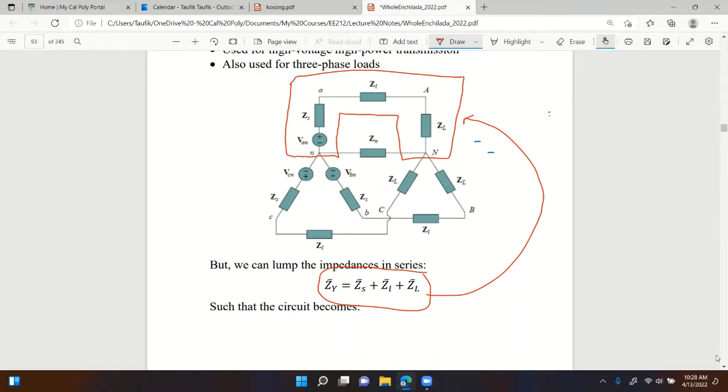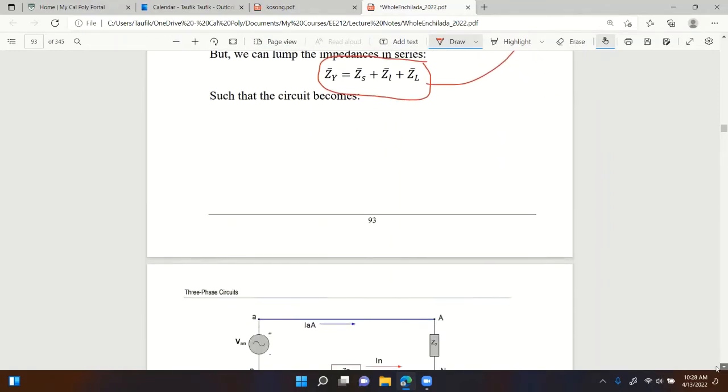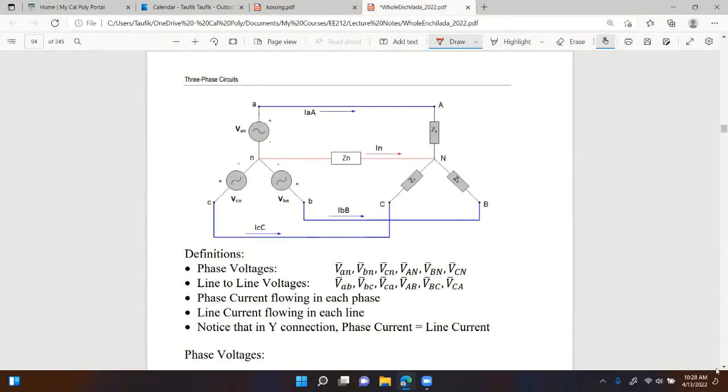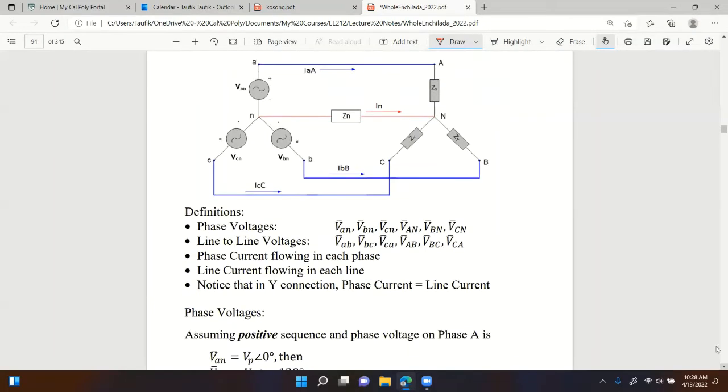So I could simplify the circuit into the following circuit right there. Make sense? Now it's a cleaner circuit. Before I had three, now I reduced those three into a single impedance. Any questions? All right, there are no questions.